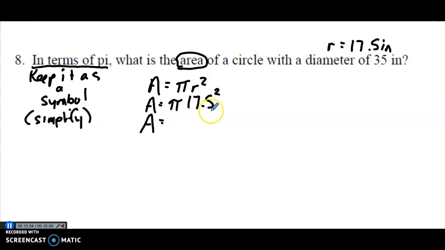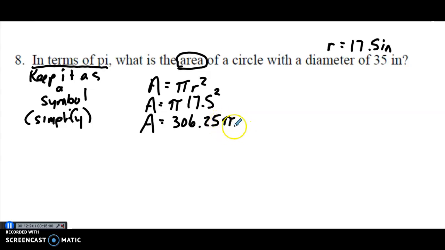We just have to do 17.5 squared in our calculator. Go ahead and type that in, and you're going to get 306.25, and that's how many pi's it would take to cover that circle. That's going to be the correct answer.